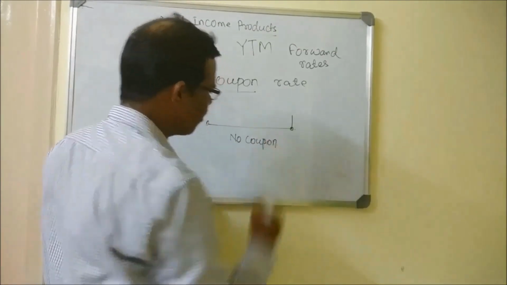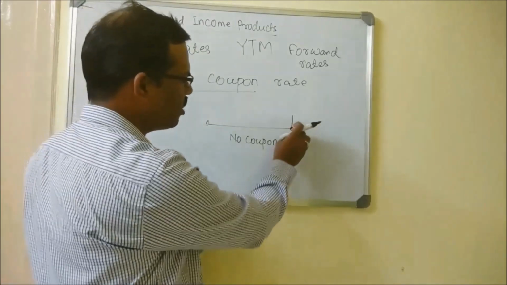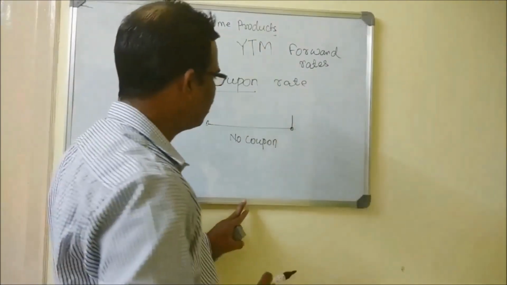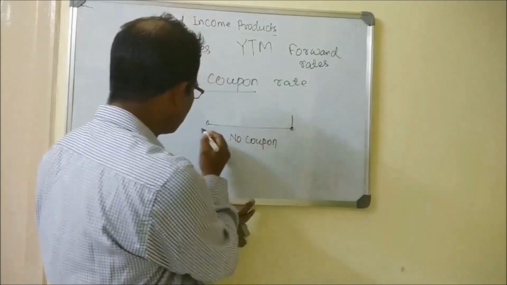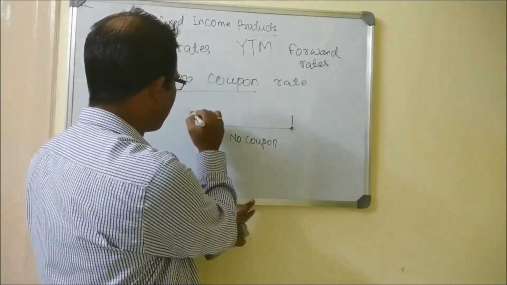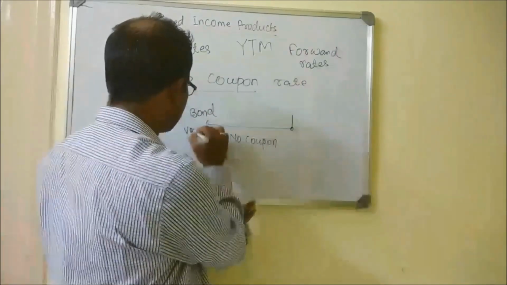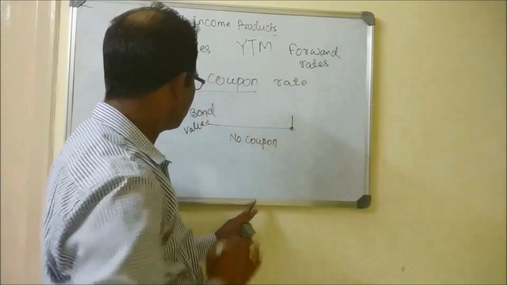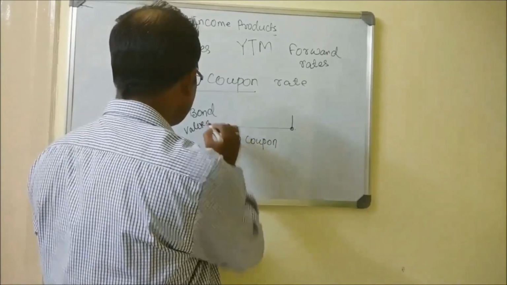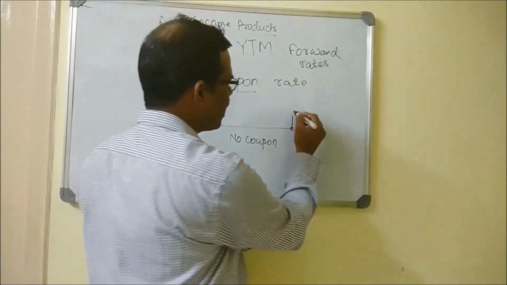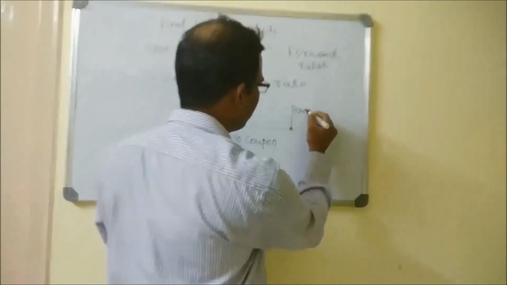Coupon means the interest, and you only get the final value at maturity. So whatever price you pay is called your bond value, and finally you get the par value of the bond.